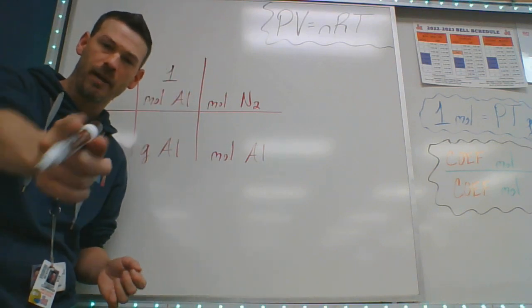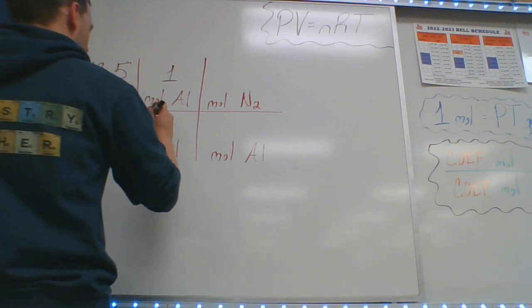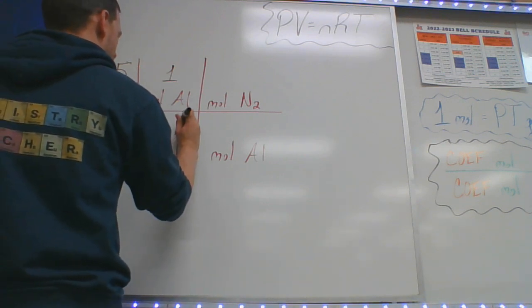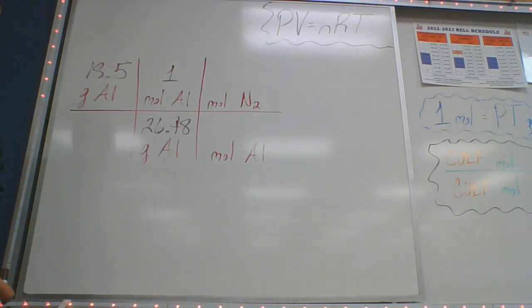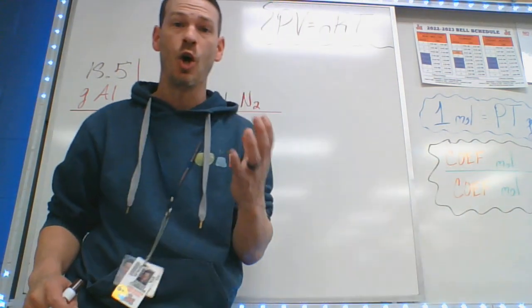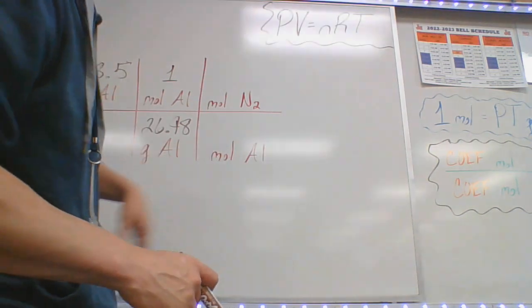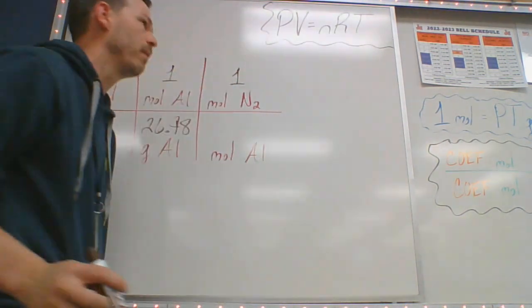Sorry, I don't know if I told you to get it out. Have your periodic table out at home. Aluminum is 26.98. There's nothing to add up there since it's just aluminum. When moles is over moles, the values come from the coefficients. So check up there and you will see that nitrogen has no coefficient, so it's 1.